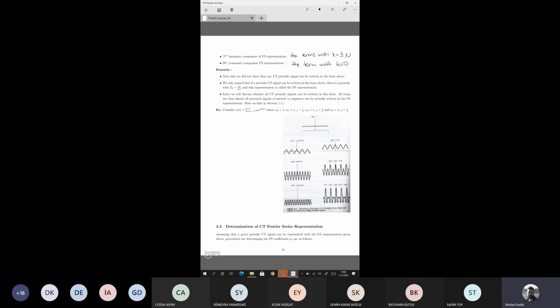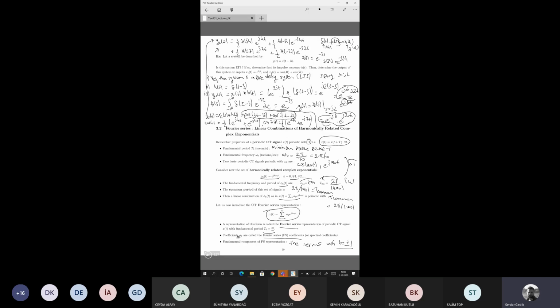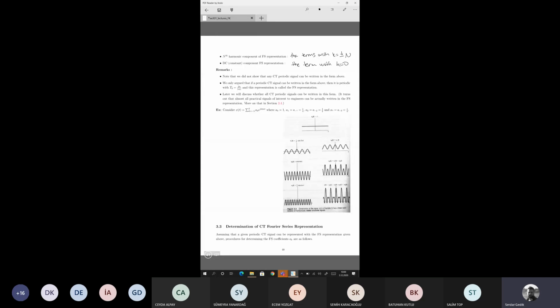Well, here I have some remarks. Note that we did not show that any continuous time periodic signal can be written in the form above. The signal should satisfy rules that we will go over in section 3.4. But we showed that if a periodic continuous time signal can be written in the above form, then it is periodic with T0, and this representation is called the Fourier series expansion.